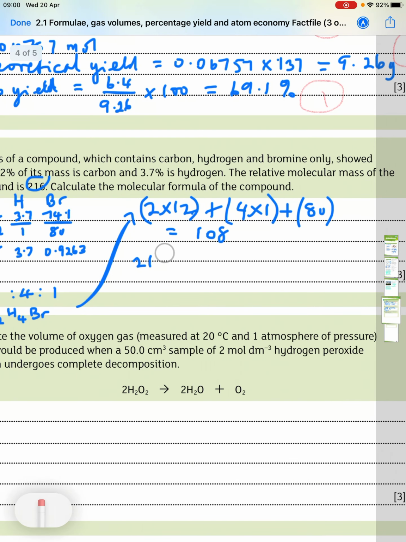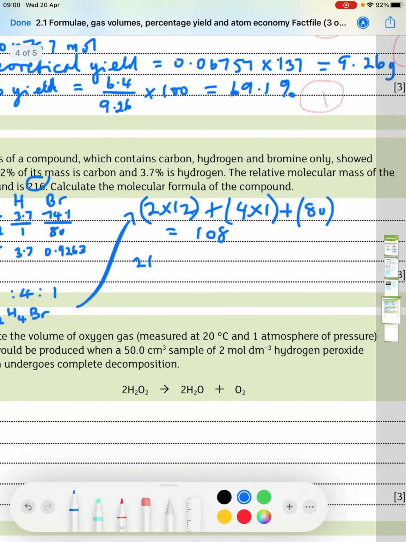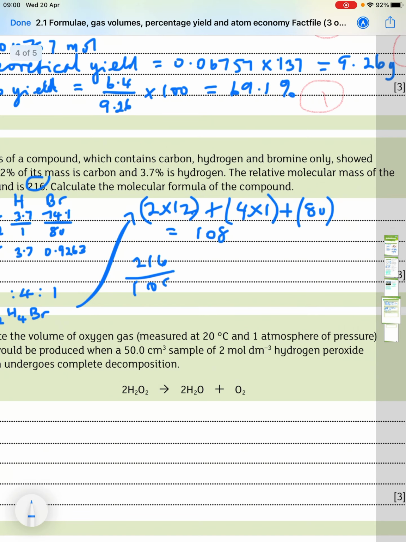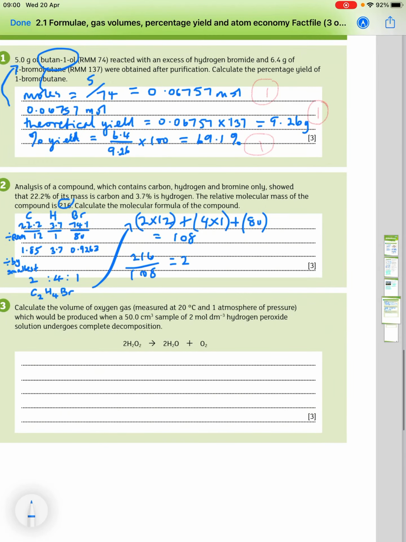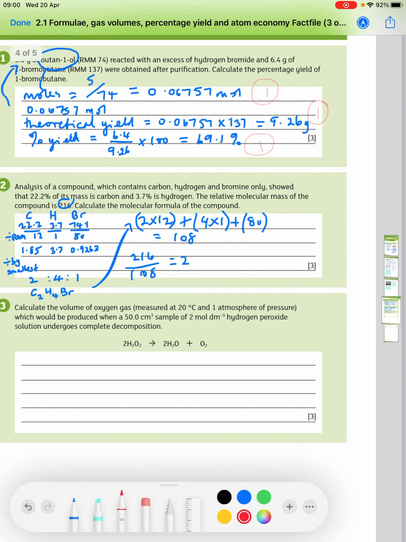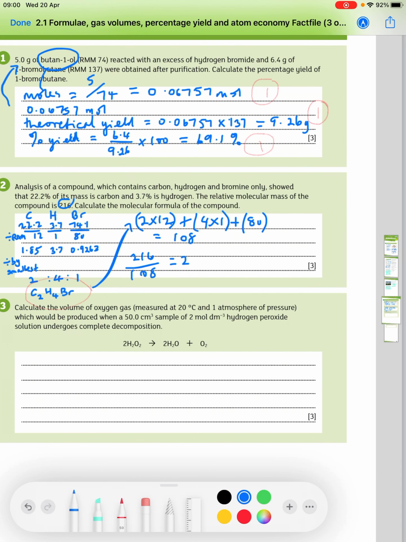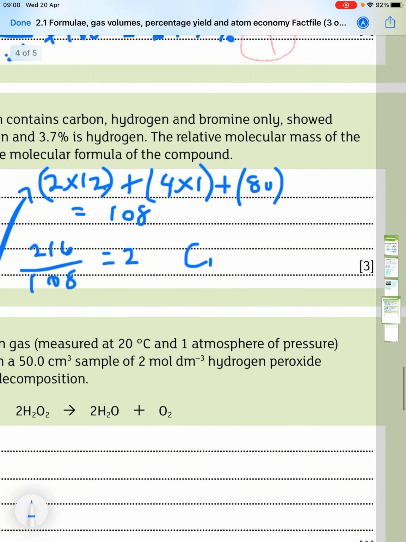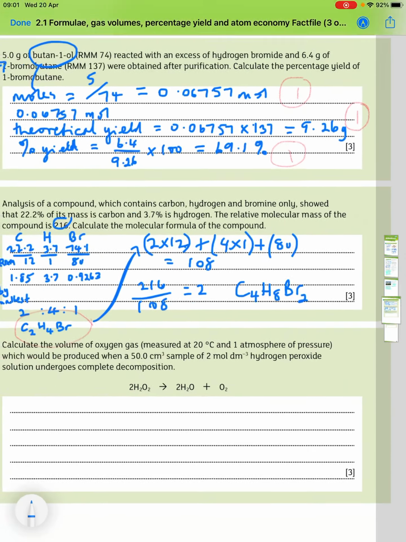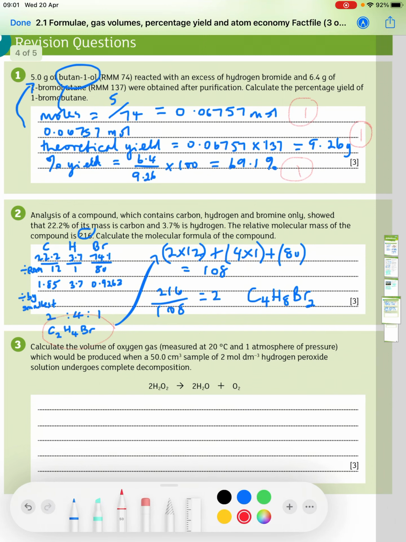If we then take the mass of the molecule, which is 216, not 218, divide by 108, that gives us 2. So we then know that we have 2 lots of the C2H4Br, which gives us C4H8Br2.